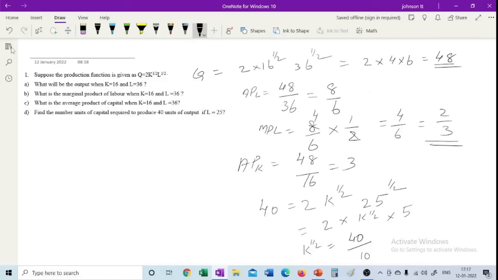Hmm, that is, k raised to 1 by 2 is equal to 4. So k is equal to 16. So we need 16 units of capital to produce 40 units of output. So in this way we can find all the values.